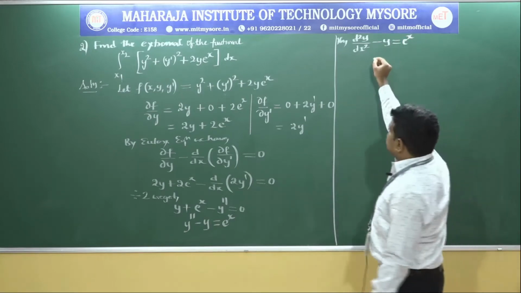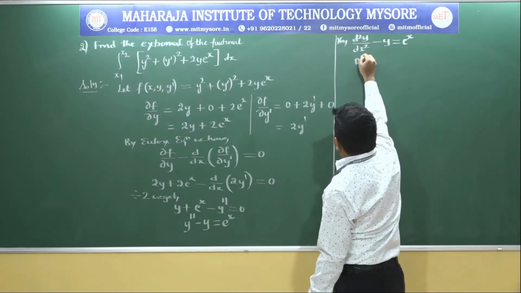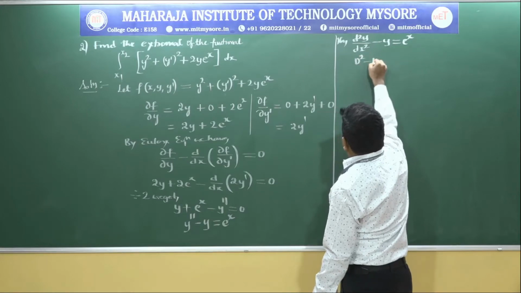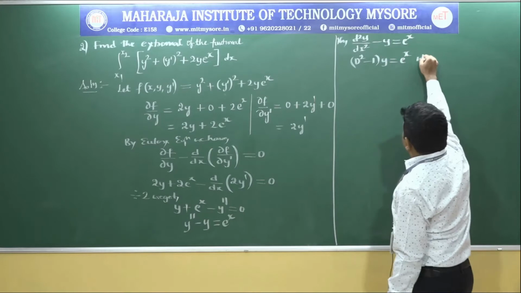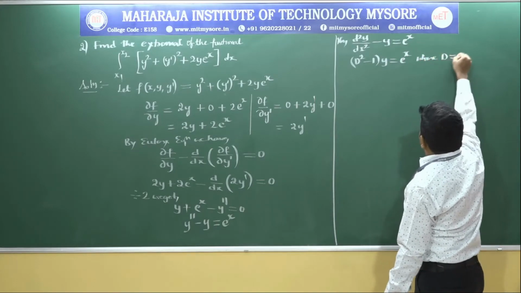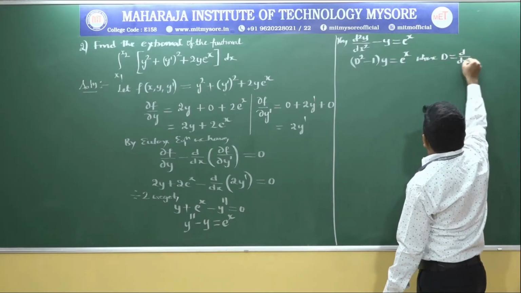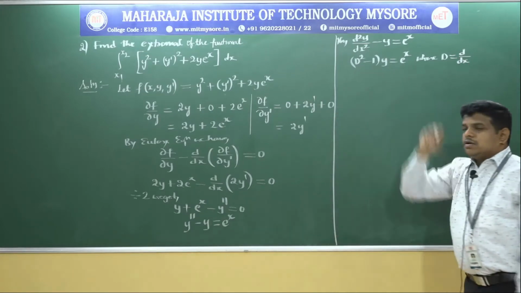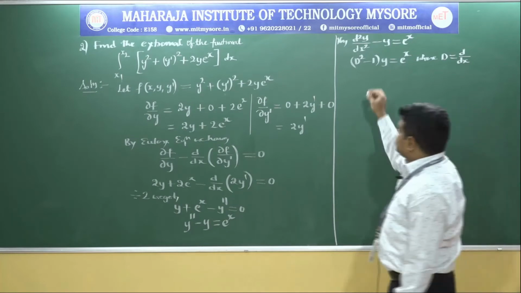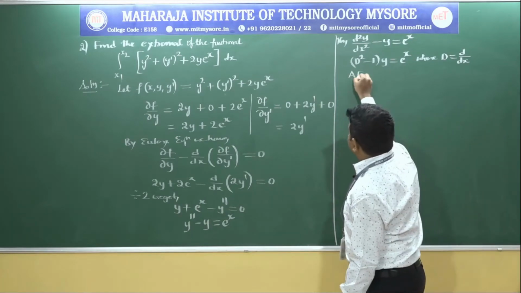Now in terms of D operator, this can also be rewritten as D square minus 1 into y equals e power x, where D equals d by dx. Next, as usual, this is the differential equation you have already solved in your previous semester. Now first writing the auxiliary equation.